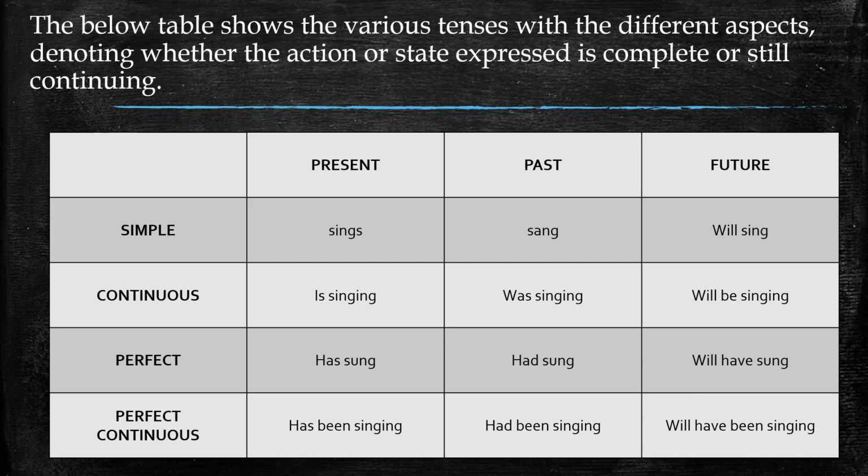Present perfect will be has sung, past perfect had sung, and future perfect will have sung. Present perfect continuous has been singing, past perfect continuous had been singing, and future perfect continuous will have been singing.